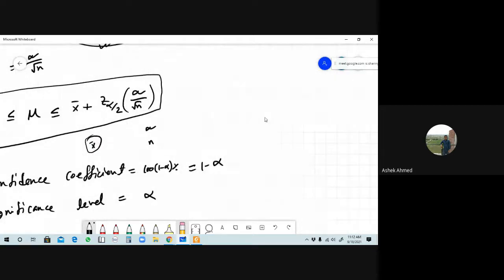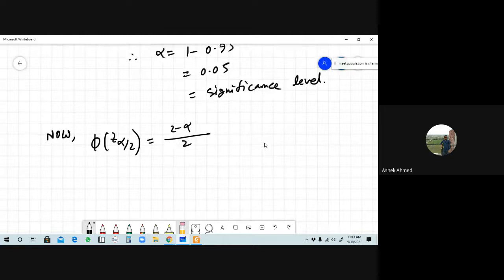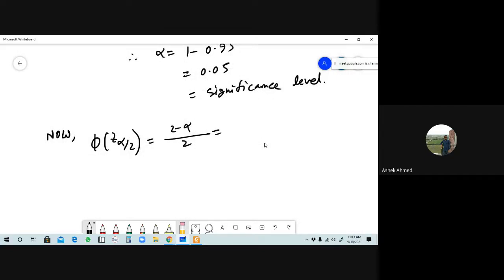So from here, the value of alpha is 0.05, so 2 minus 0.05 divided by 2.